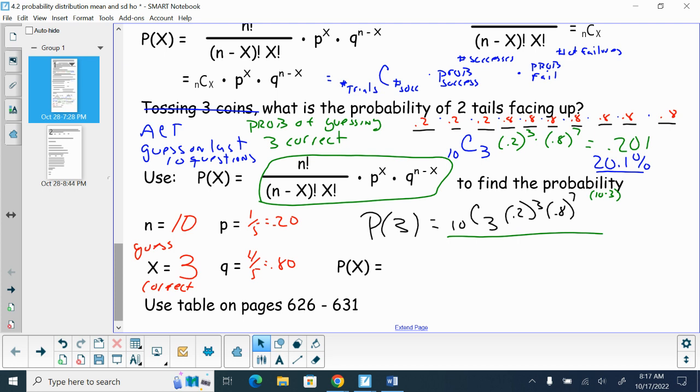If you go to the back of the book, you have Appendix B, and you flip the page to page A8 and A9 and A10.